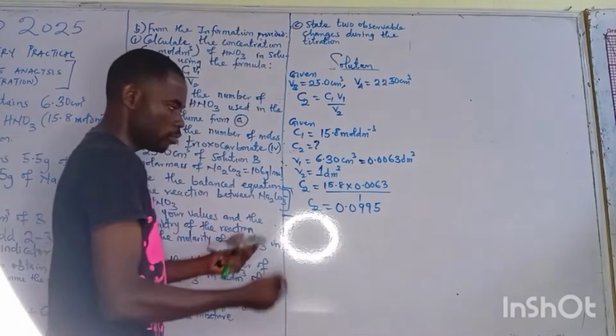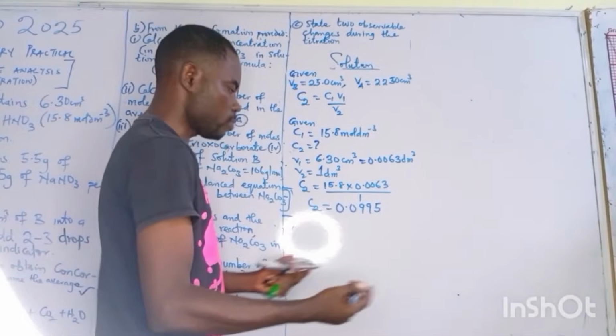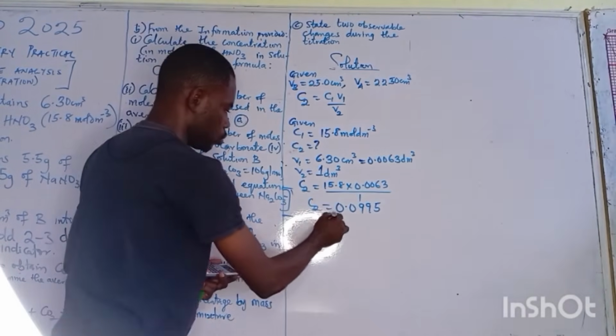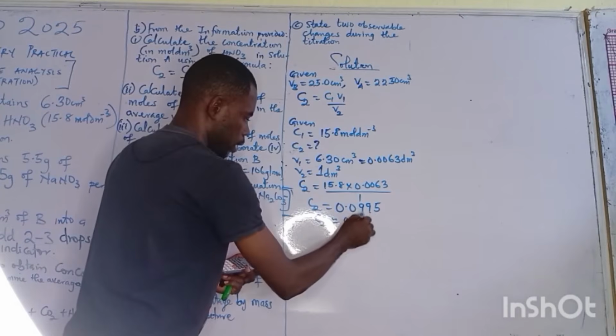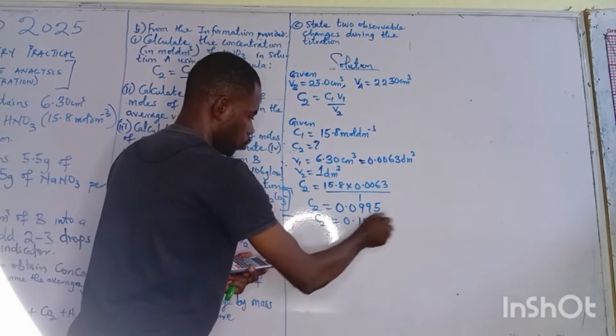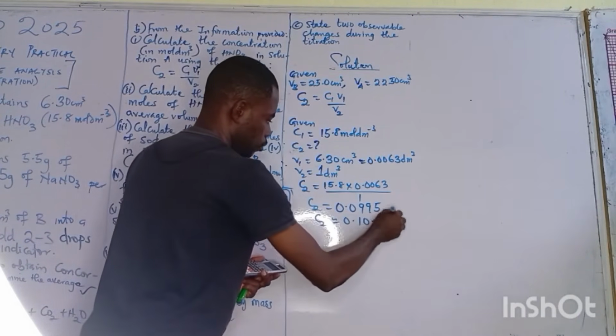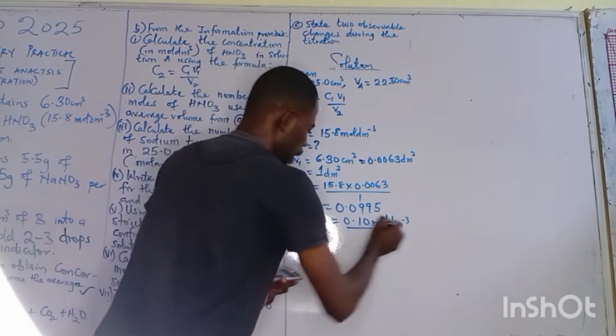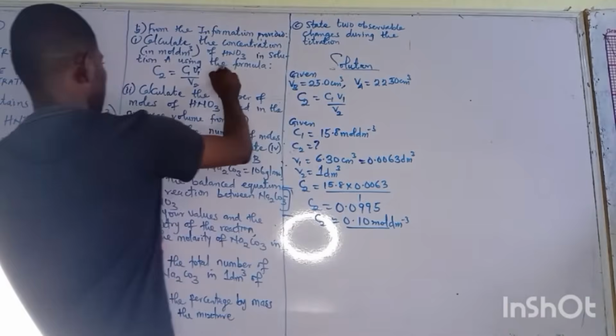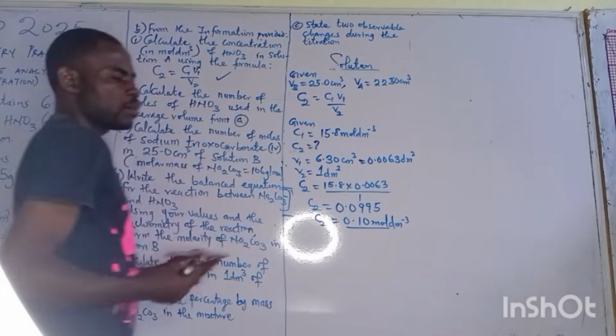My answer must be 3 decimal places, but this is 4 decimal places. Let's approximate: I have 0.10 mole per dm cube. That one is achieved as well. I have achieved this and I've answered their question.